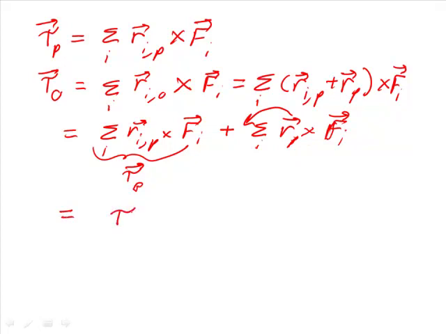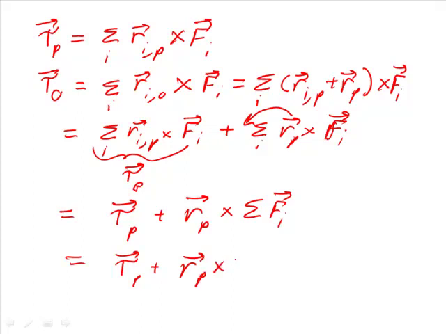So this is the torque about point P plus the radius to P crossed into the sum of all individual forces. Oh, that's just the torque around point P plus r_P crossed into the net force. Well then, if this net force is zero, and this is zero, the whole thing is still zero. Okay?